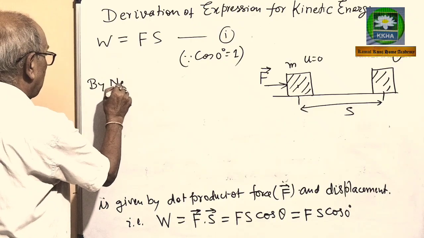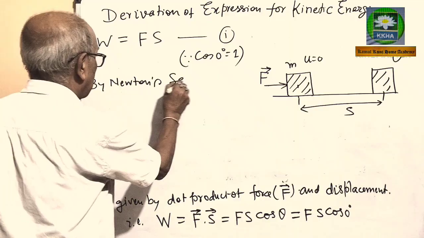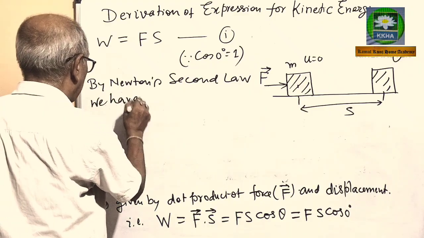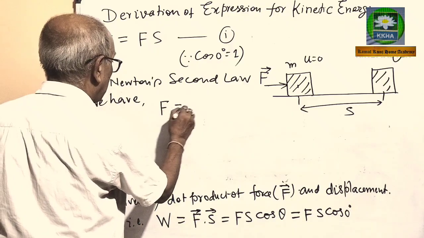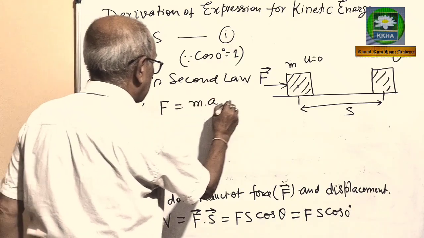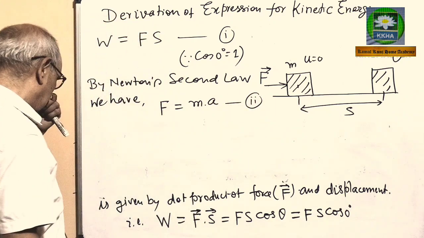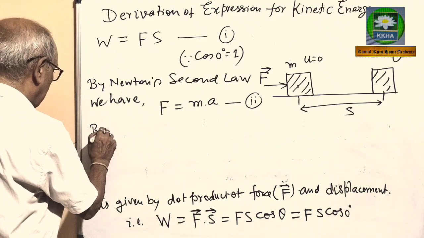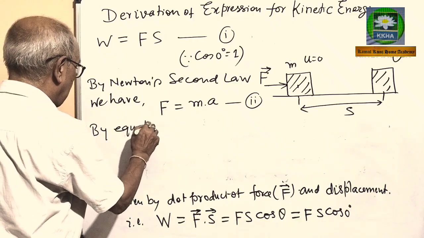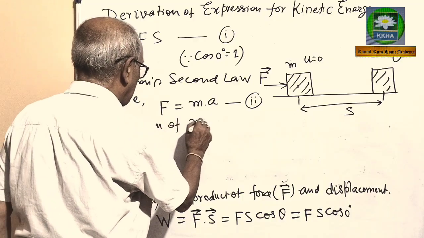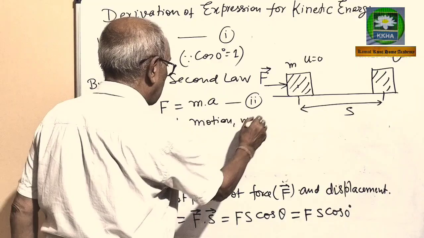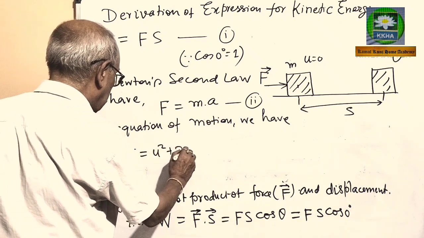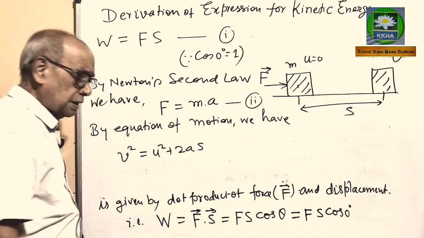Now, by Newton's second law, we have force equal to mass into acceleration. Now by equations of motion we have v square equal to u square plus twice a s, where u is the initial velocity.